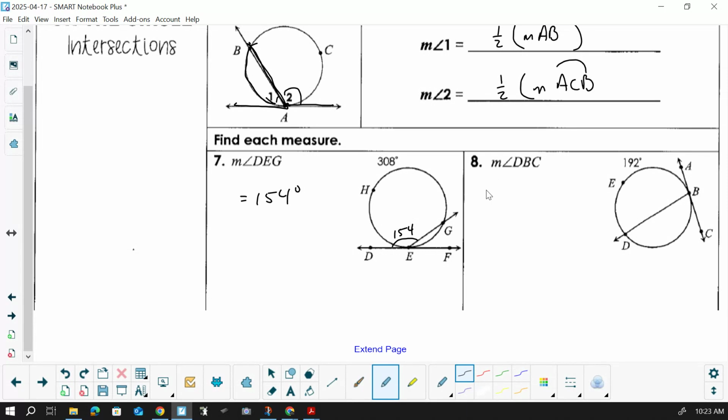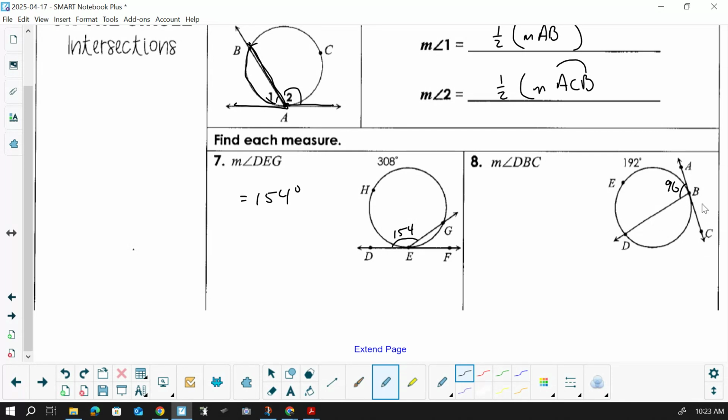Not really any work to show for that. This arc is 192. Half of 192 is, let's see, what is half of 192? I need my calculator. What is that, 96? That sounds right. 96. The question says, what's DBC?